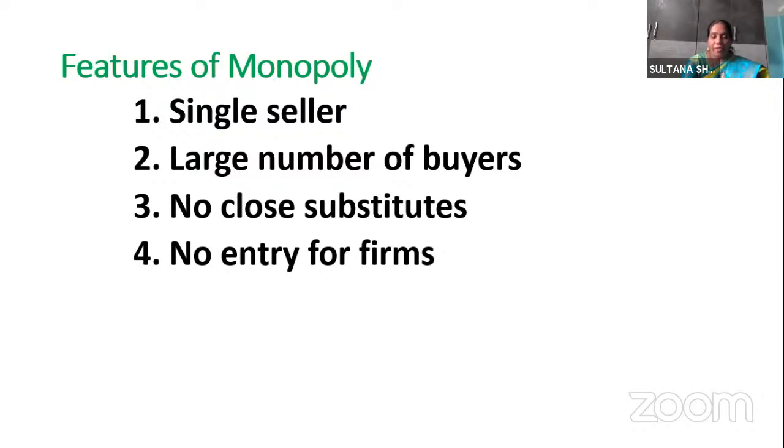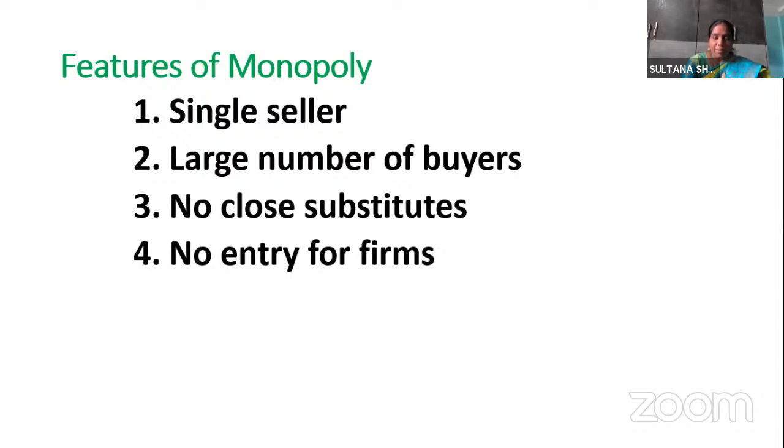No entry for firms. Here, another feature is no entry for firms. We know the difference between firm and industry. Firm is an individual unit and firm is part of the industry. In the industry, so many firms will be there.